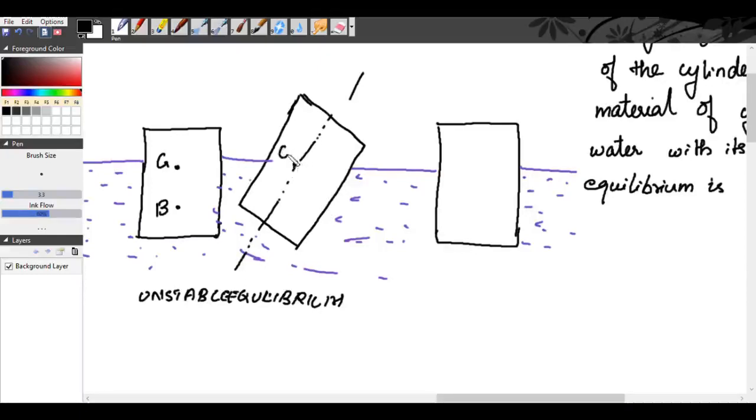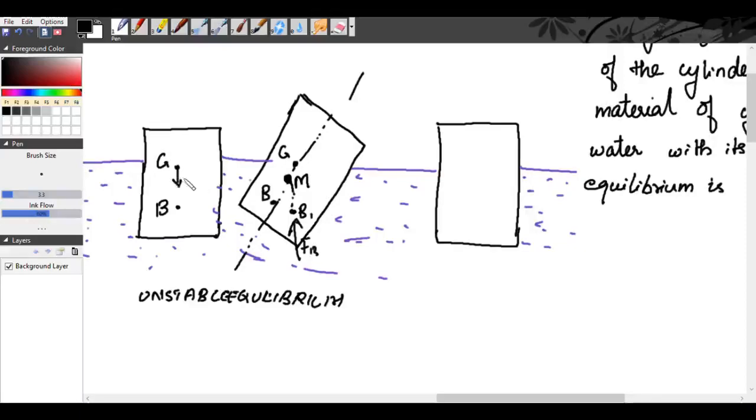Our G lies here, this B gets shifted to B1, and when you draw the line of the force of buoyancy, it will meet the neutral axis at a point below G. So this is the condition for unstable equilibrium.